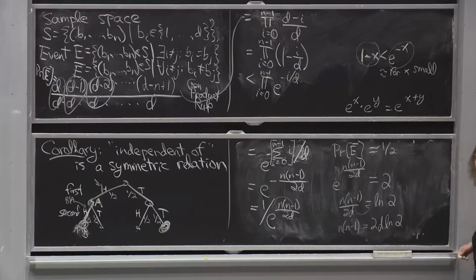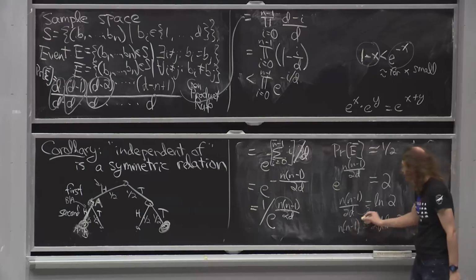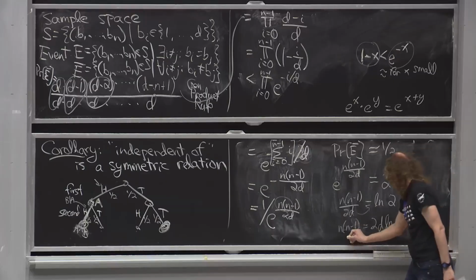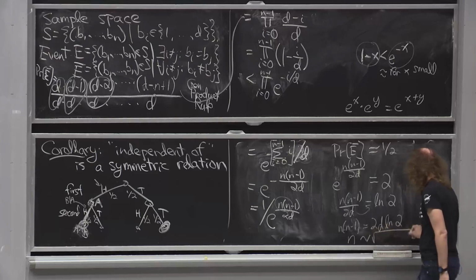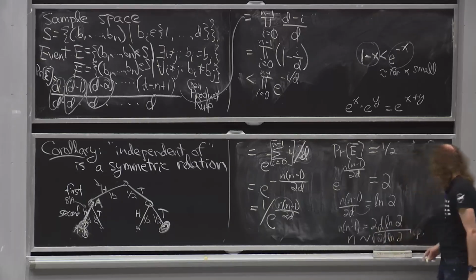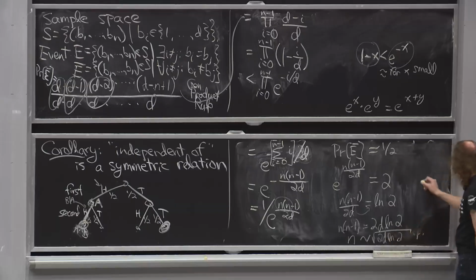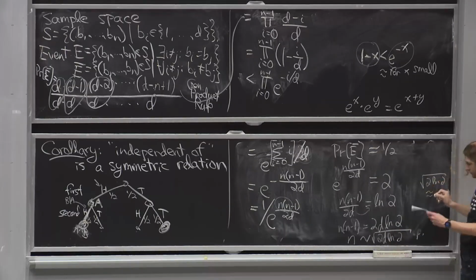And at this point, I'm going to wave my hands a little bit and say this minus 1 doesn't matter too much. So basically, this is a square root. So n is roughly the square root of 2d ln 2. And there's this constant term, which is the square root of 2 ln 2. This is about 1.177.